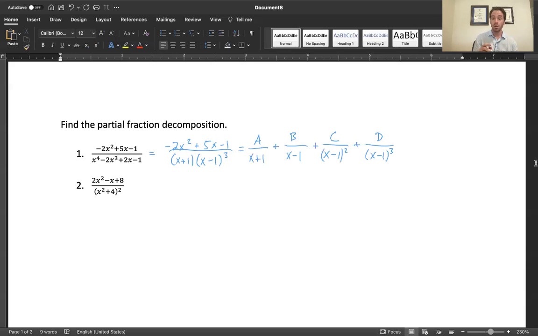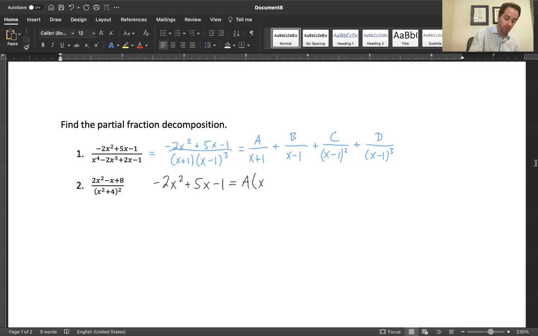Multiply this equation by the entire denominator of the left-hand side. If you multiply by this, then the entire left side denominator goes away, and you end up with this: negative 2x squared plus 5x minus 1 equals, and now it's a question of how much cancellation is done.